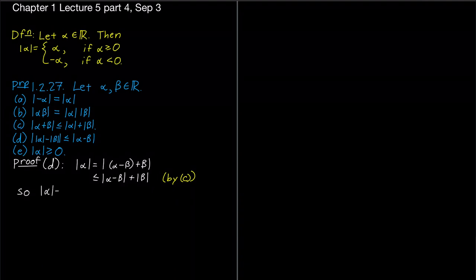So, alpha minus beta is less than or equal to the absolute value of alpha minus beta.